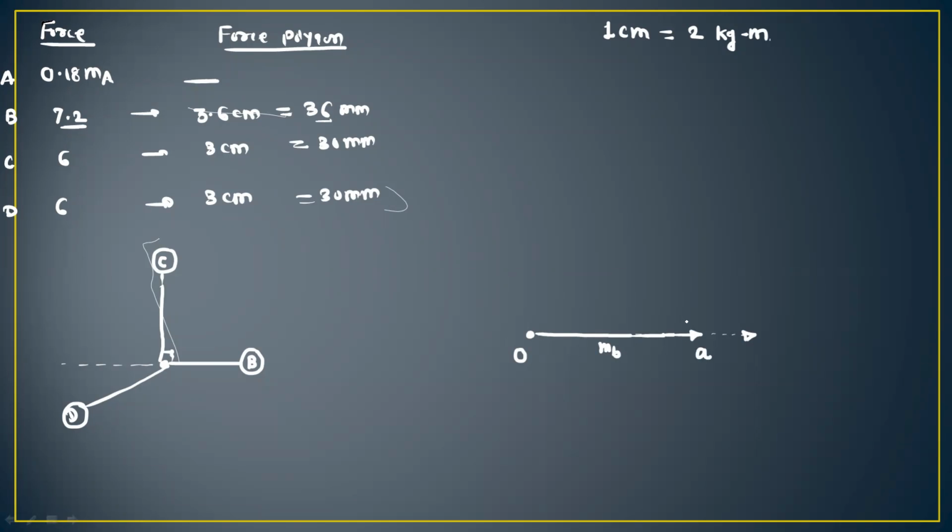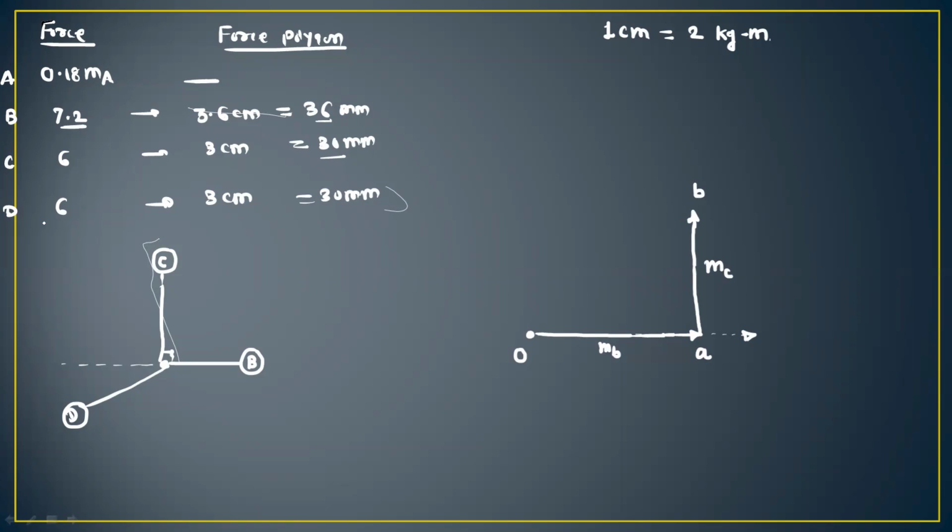Then from point A, draw the next vector for the C. So its length is 30 mm, and it is exactly 90 degree. So take this AB, and this is for mass C.